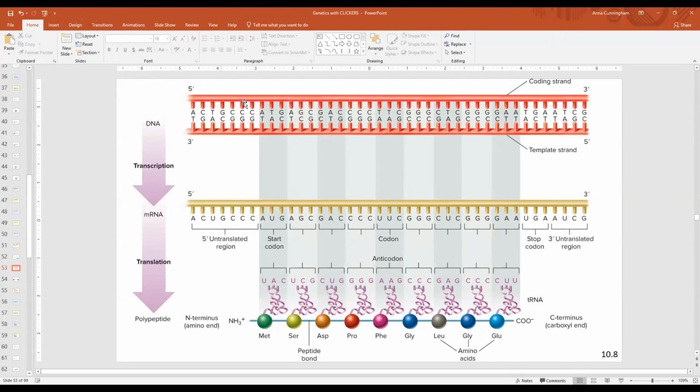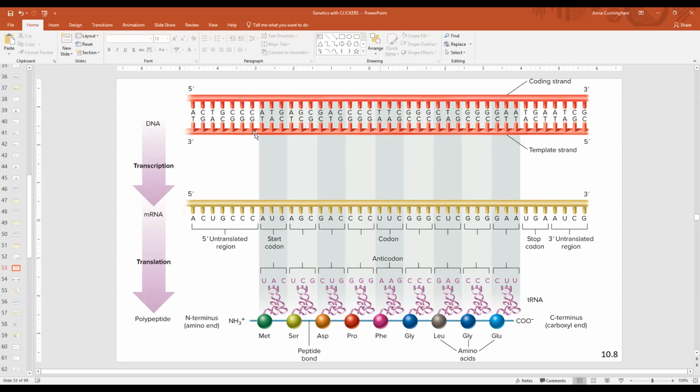You can see here in red, you have your DNA strand. DNA is double-stranded, anti-parallel. So it's very important to know that you use the template strand, which is 3' to 5', in order to create a complementary strand of mRNA, which is in the 5' to 3' direction. You do this via complementary base pairs.